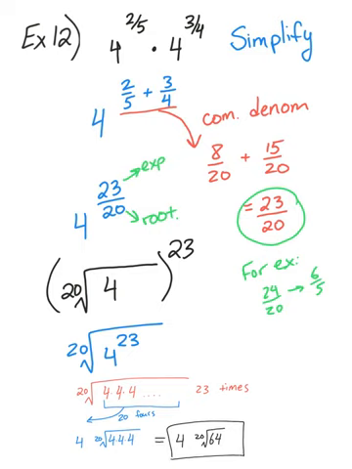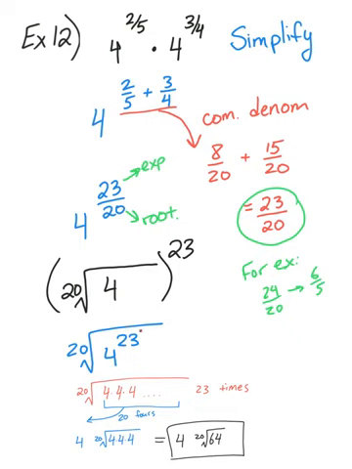So in my last examples, it was easier to do the root first because usually the number got smaller and then we did the exponent. But if you have a really big root and there's not enough factors inside, then multiply your exponent first.